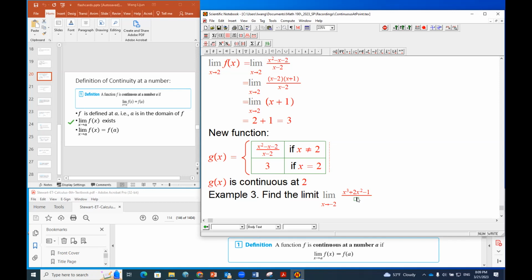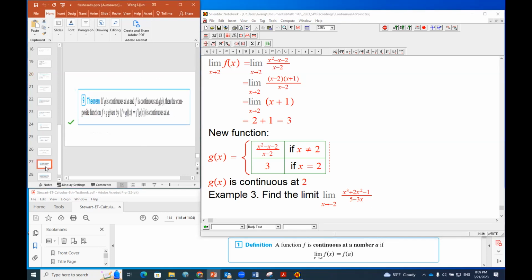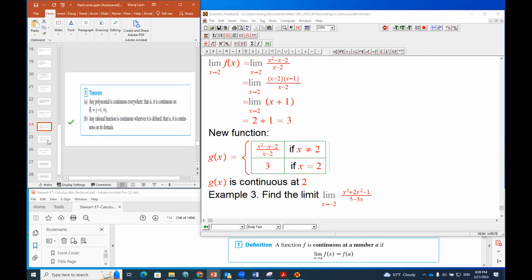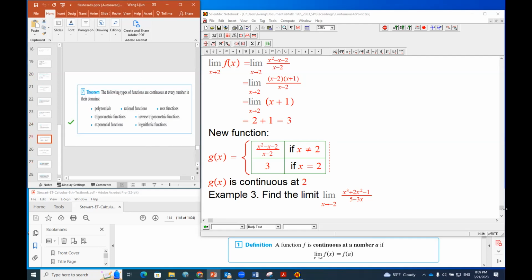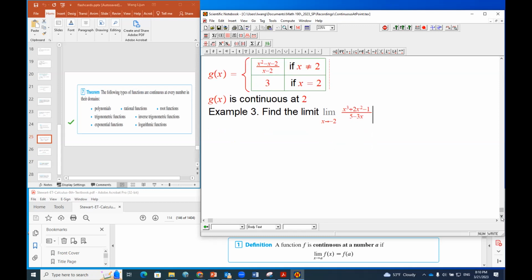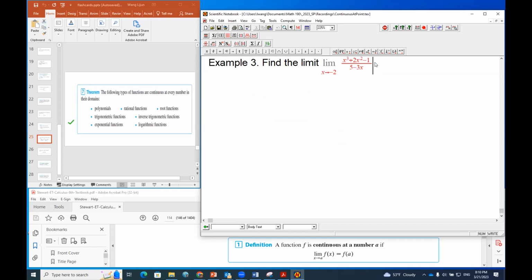According to theorem number 7, this rational function is defined everywhere except the numbers that make the denominator 0, and it is continuous everywhere in the domain.